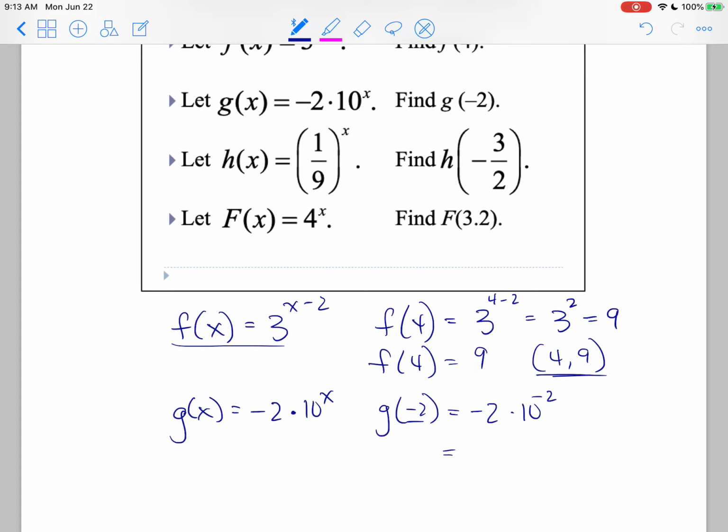So this is the same thing as negative 2 times 1 over 10 squared. And once the base is moved to the correct location, the negative exponent becomes positive. 10 squared is 100, and so this is really negative 2 over 100. That's my final answer here. So g of negative 2 is negative 2 over 100.